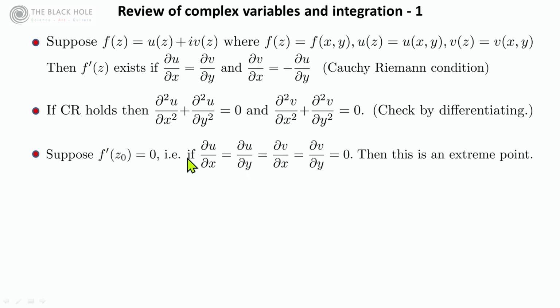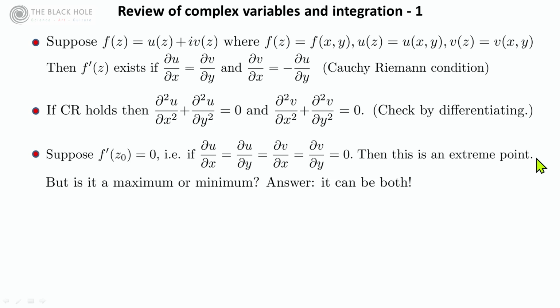So all first derivatives are 0, in which case this will be an extreme point. I'm not saying it's a maximum or a minimum. It's going to be an extreme point. In fact, it can be a maximum or a minimum, and it can be worse than that.